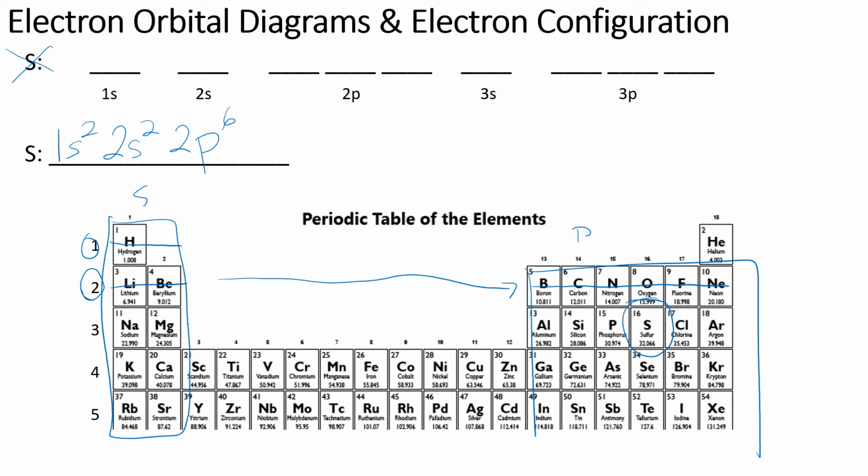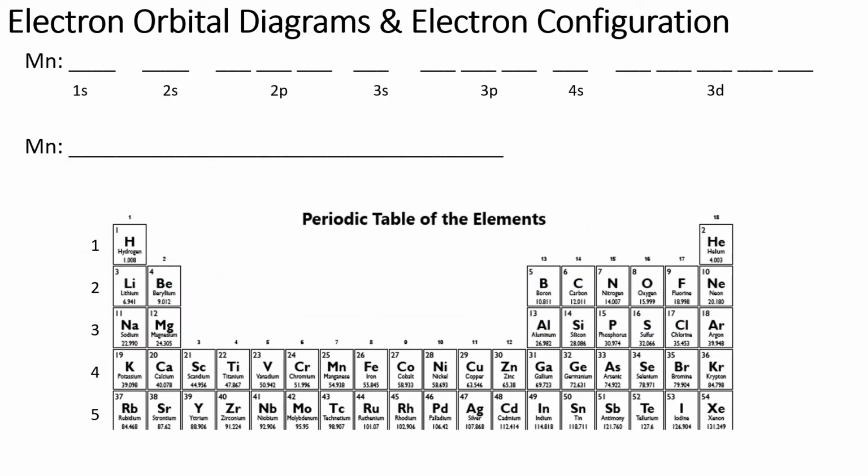And we're going to continue: third energy level, S orbital, 2 across. We continue across the periodic table to the third energy level, the P section. Now we only need to get to sulfur, so that's the 1, 2, 3, 4th element, so 3p4. And that would be our electron configuration for sulfur. Now you could also do the orbital diagram, and you would find that it's the same thing. So we can use either as a tool to help us out.